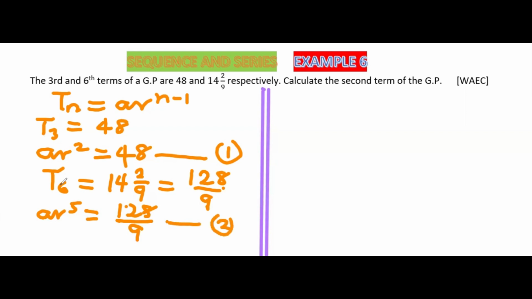From here, unlike other types of simultaneous equations where we use the substitution method or elimination method, the idea we want to employ here is that since the left-hand side is a single term, A and R squared multiply here too, A and R to the power of 5 multiply.